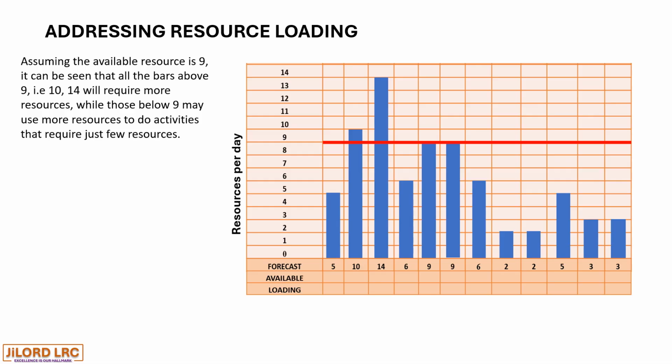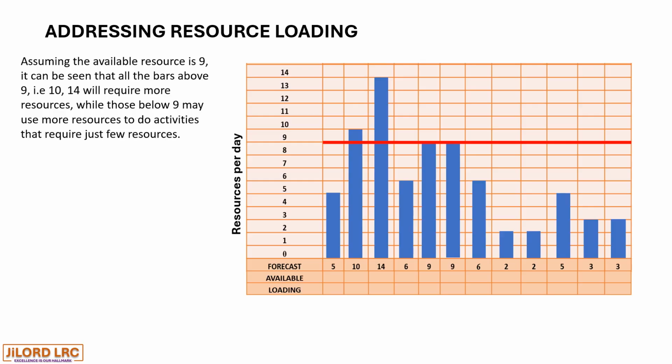So it means with the availability of only 9, the activities below the bar may use more resources to do activities that just require few resources.